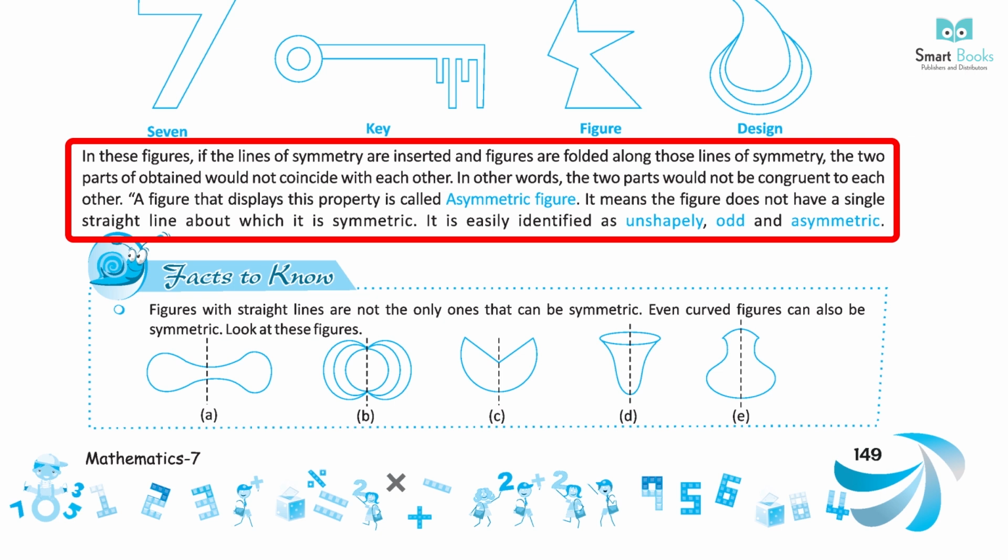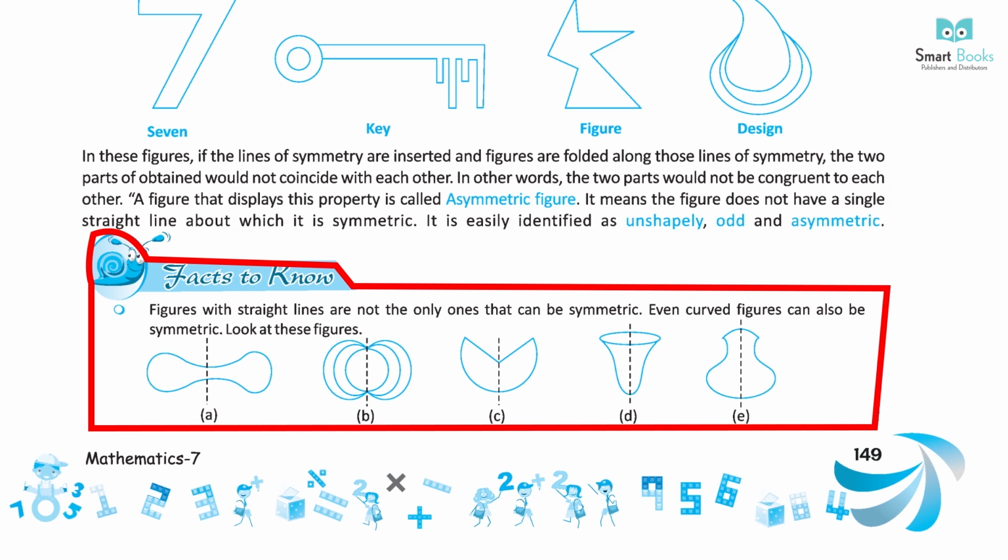In other words, the two parts would not be congruent to each other. A figure that displays this property is called an asymmetric figure. It means the figure does not have a single straight line about which it is symmetric. It is easily identified as unshapely, odd and asymmetric.